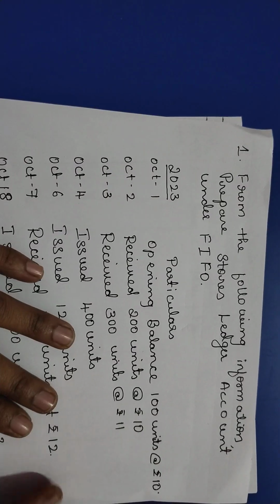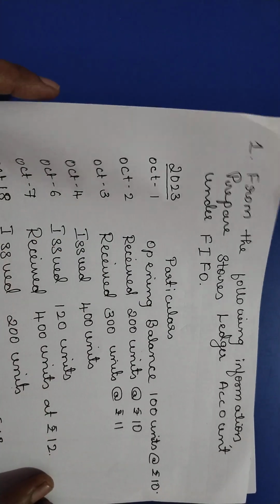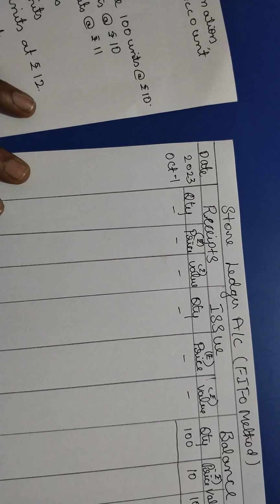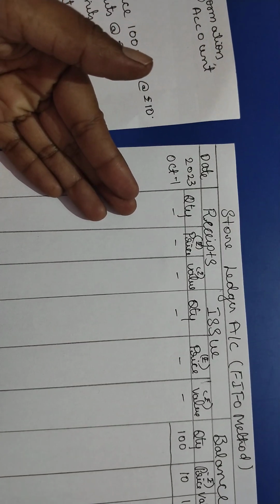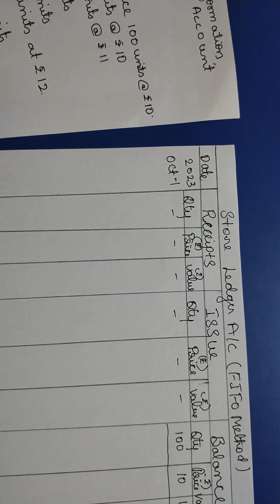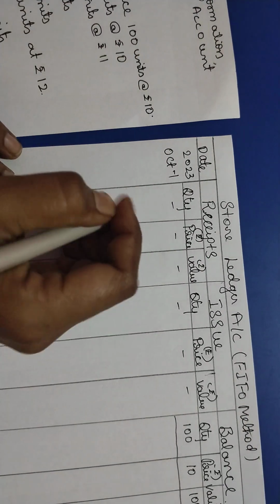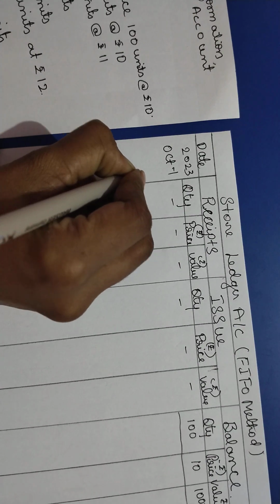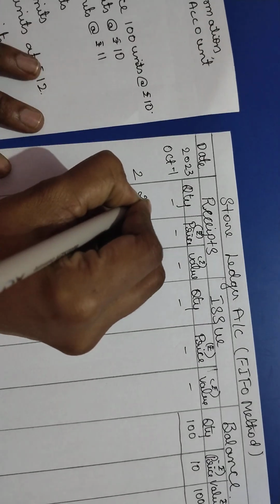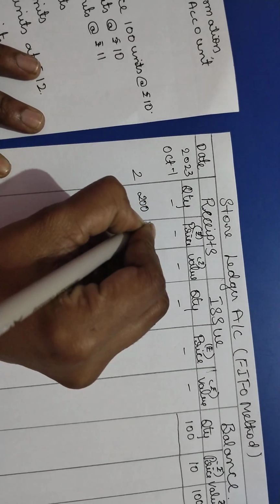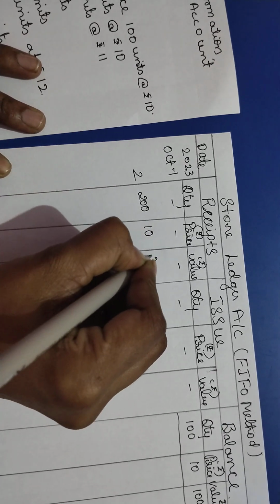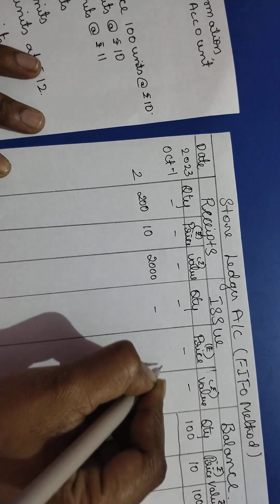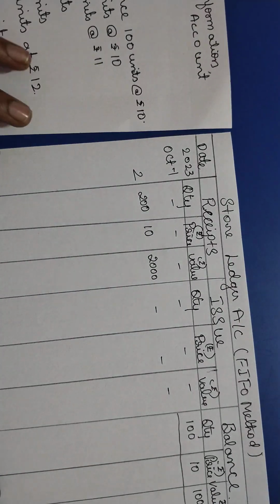Now the second transaction is received 200 units at rupees 10. So you have a receipt. Received is nothing but whatever the supplier delivered to your storeroom or warehouse, that is called your receipts. And second, 200 units at rupees 10 each. So 200 into 10, 2000. Now how are you recording the balance?